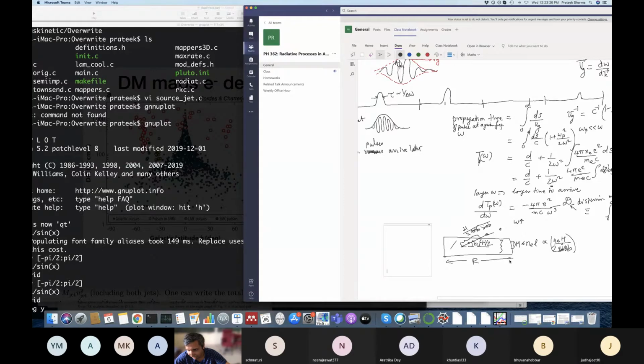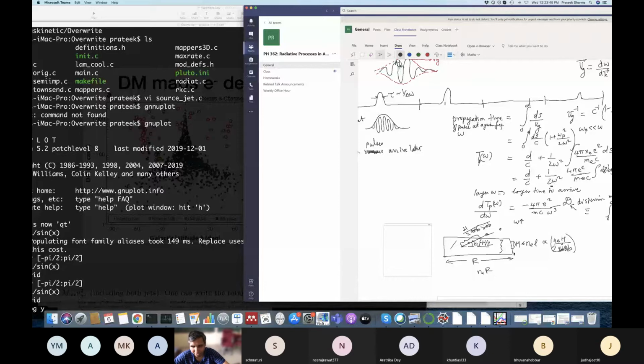But radius is like 1,000 times higher than height. So how high is, so let me see. The radius of the Milky Way is 10 kpc, height is like 100 parsec, so it's a factor of 100, right?